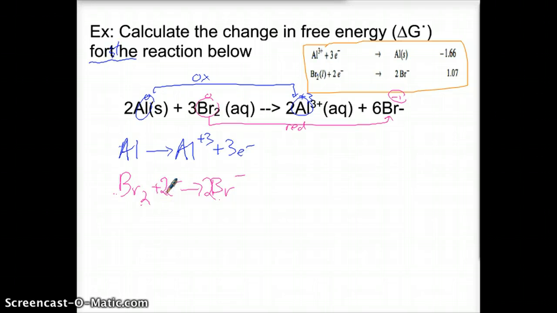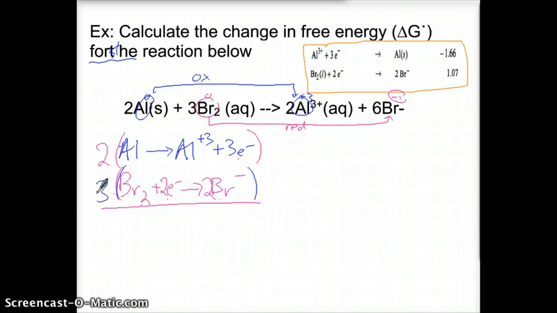So now if I look at my 2 half reactions, can I add them up to get them to cancel out? No. 3 electrons, 2 electrons. So I'm going to need to multiply this by 2, and I'm going to need to multiply this reaction by 3, because that way I will get a common value of electrons.